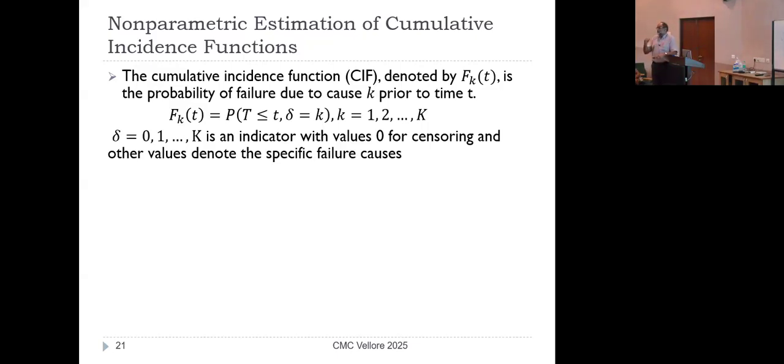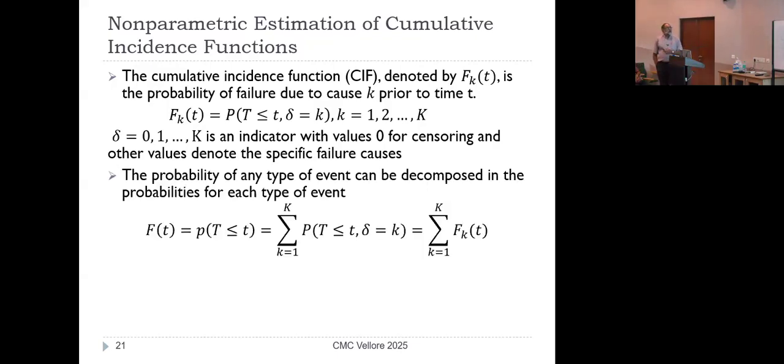I do the cumulative incidence function for MACE, and I do the cumulative incidence function for non-cardiovascular death. Or if I have multiple causes, I can do it for K causes. Most of the time we have 1 or 2 or 3, so K is not usually very big.